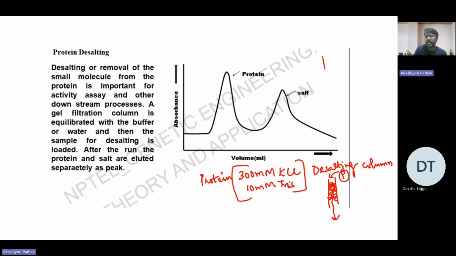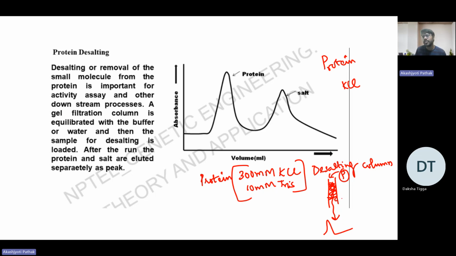If you compare the size of a protein and the size of potassium chloride salt, the potassium and chloride are much smaller. So they will traverse through the entire length of the pores present on the beads, and hence take much longer. But your protein, because it is much larger compared to your salt, will be eluted earlier, and your protein will be free from the salt.